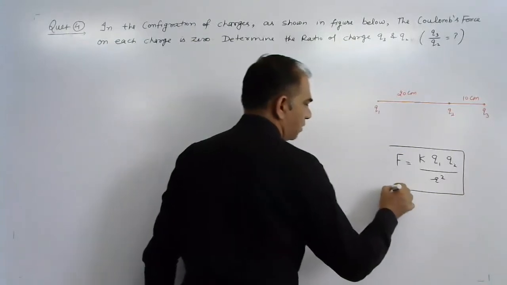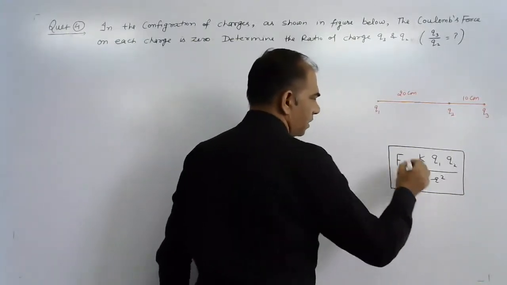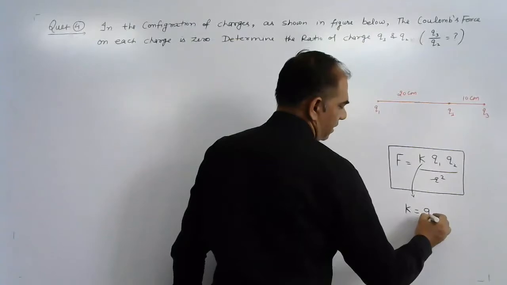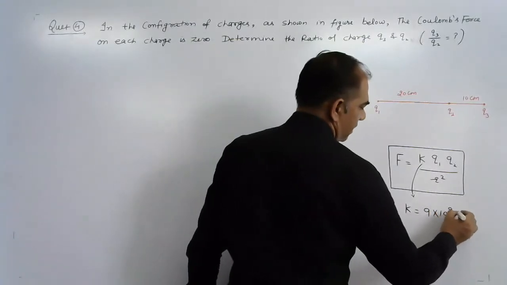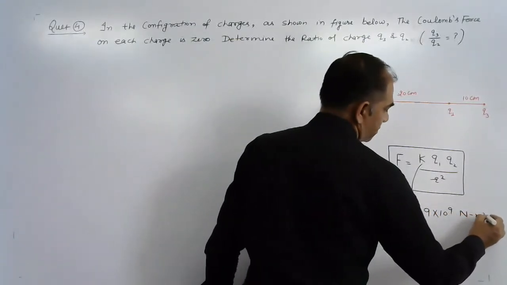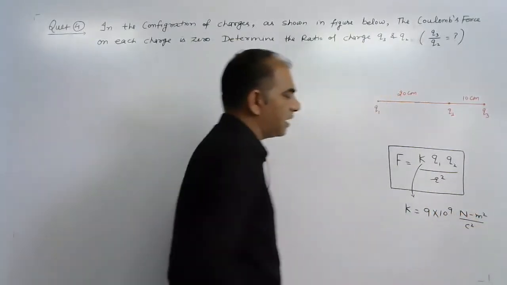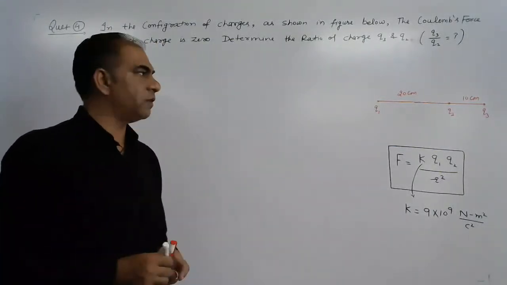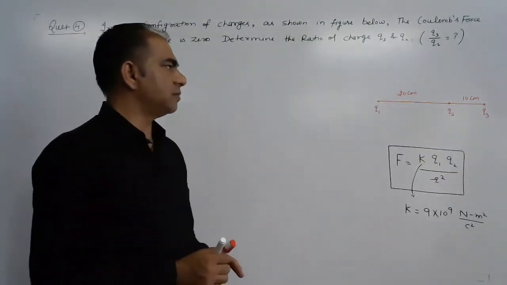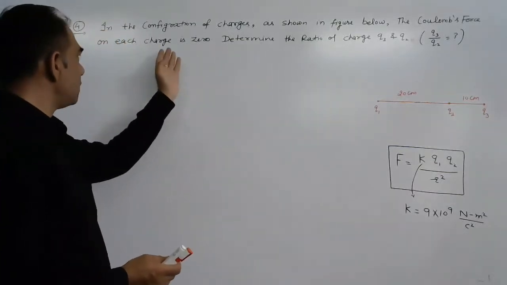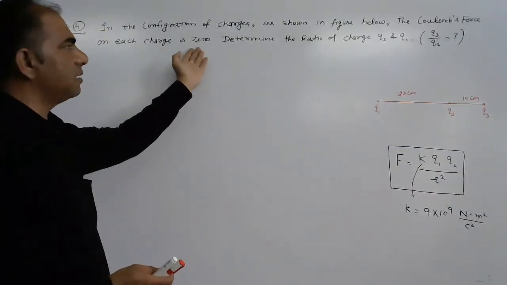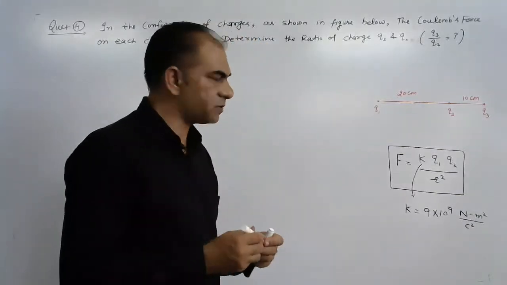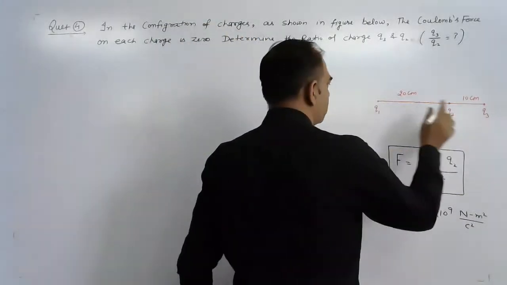K is a constant and K has the value 9 into 10 raised to power 9 Newton meter square per Coulomb square in vacuum. By applying the condition that net force is 0, we find the ratio of the magnitude of charges Q2 and Q3.